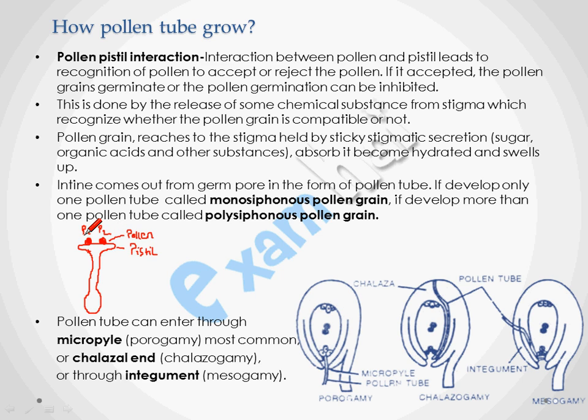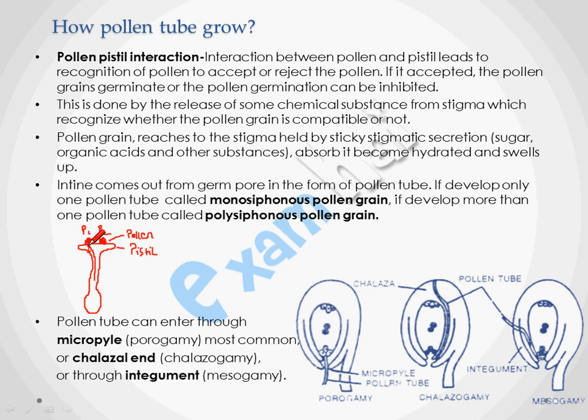So if the chemicals released by this stigma recognize pollen 1, then pollen 1 will start germinating a pollen tube.